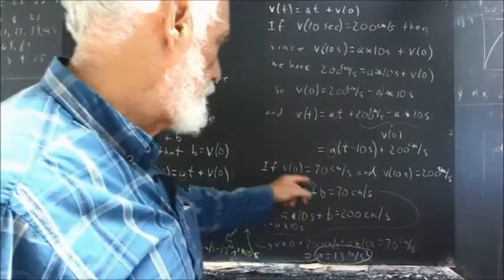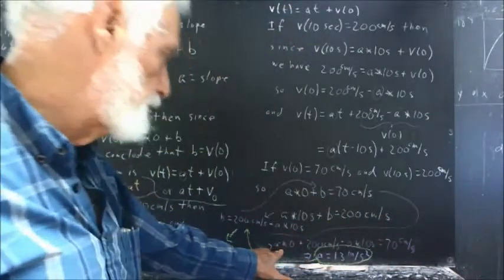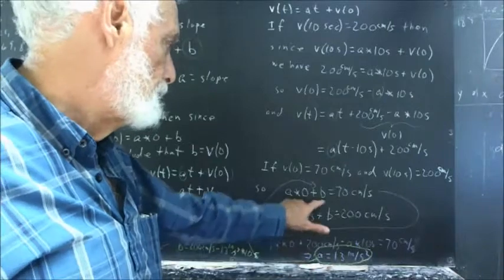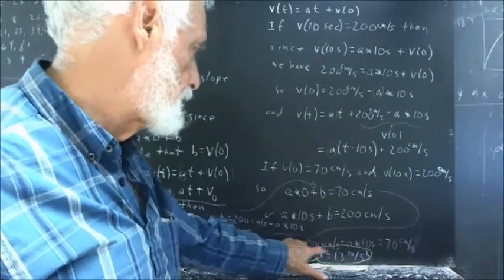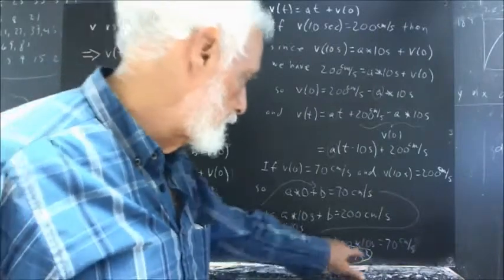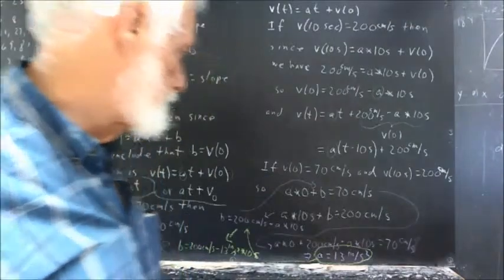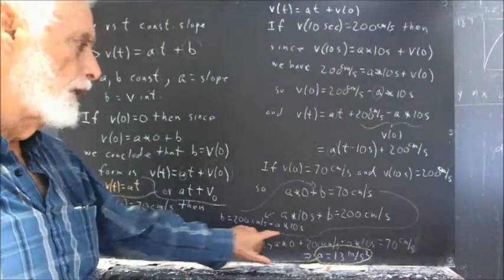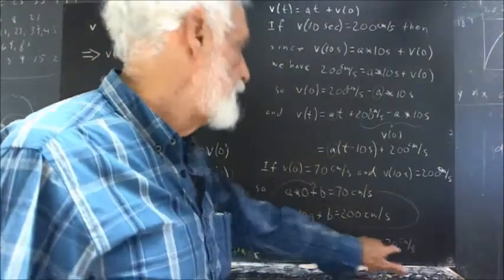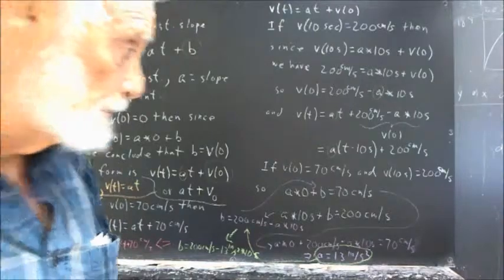And then I take that and plug it in for b here, and that gives me this equation, a times 0 plus b, which is 200 centimeters per second minus a times 10 seconds. Encircling this thing, I obscured some of that, but this is just your 200 centimeters per second minus a times 10 seconds that we have more clearly here. And I've just substituted that for b, and then on the right-hand side, I get my 70 centimeters per second.